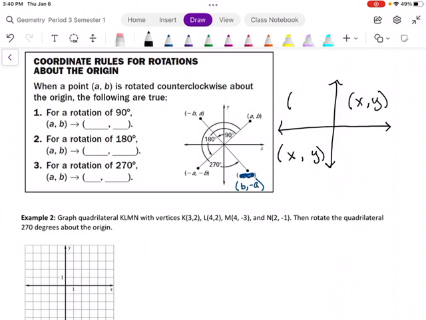The other two, we are going to reverse the order, and we're going to do Y, X. And then we're going to add in some negative signs.